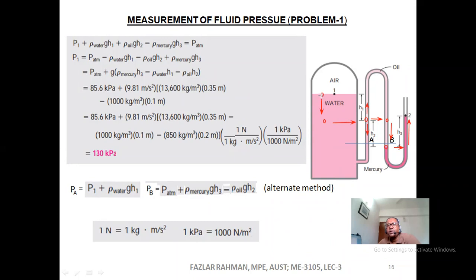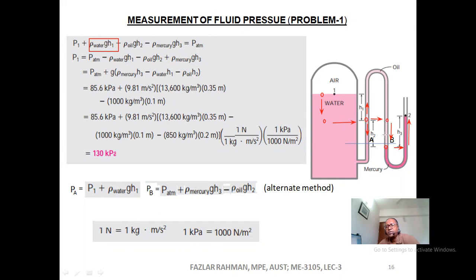So at this point, pressure P1, you are walking down through the water. Again, we cannot go from right over here to here, because this is oil, this is water, not the same fluid. So P1 plus, you come down this mass, H1 rho water G. Now from here you come right over here, same pressure over here and over here.